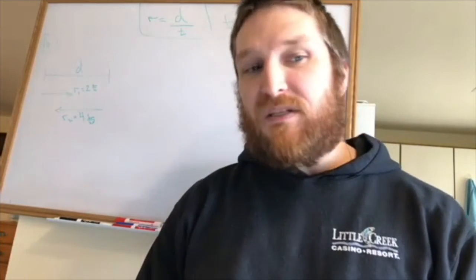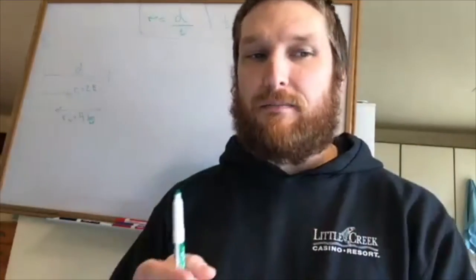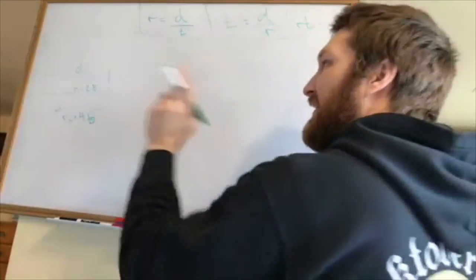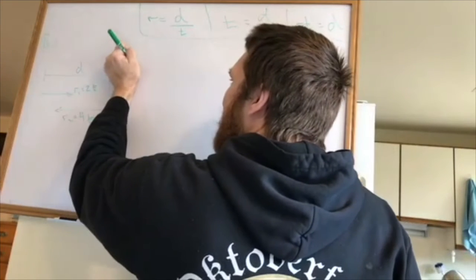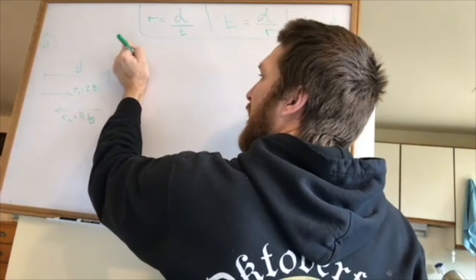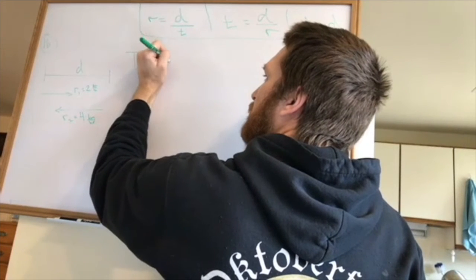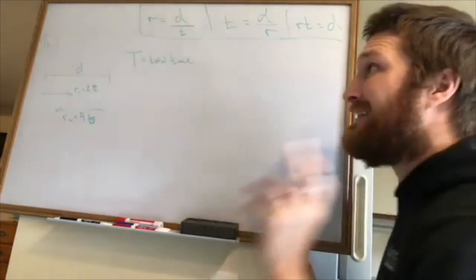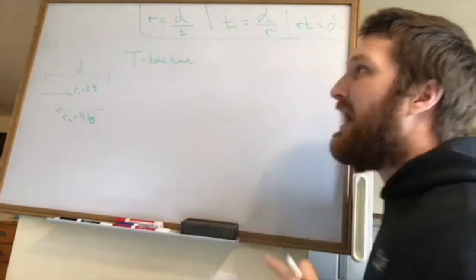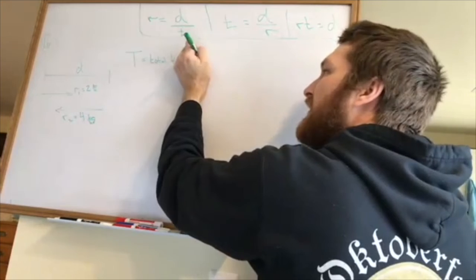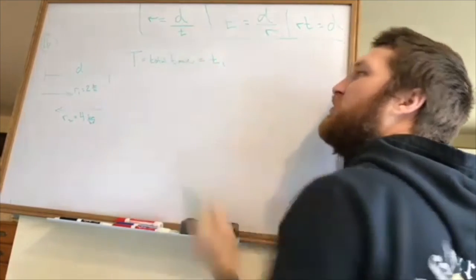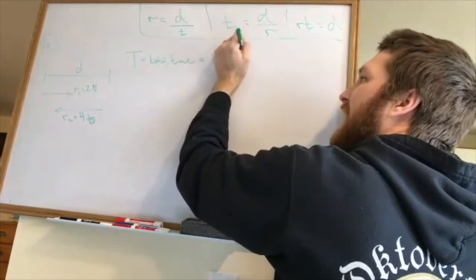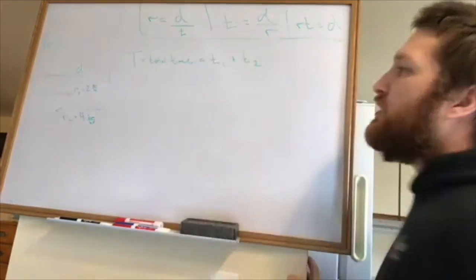So what I'm going to do is split up the total time into 2 different times. In other words, I'm going to say big T is the total time, which we know what that is. The total time has to be 1.5 hours. But there's the time it takes in trip 1 and the time it takes in trip 2.